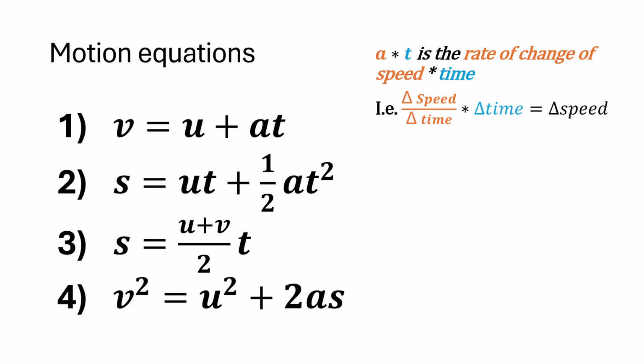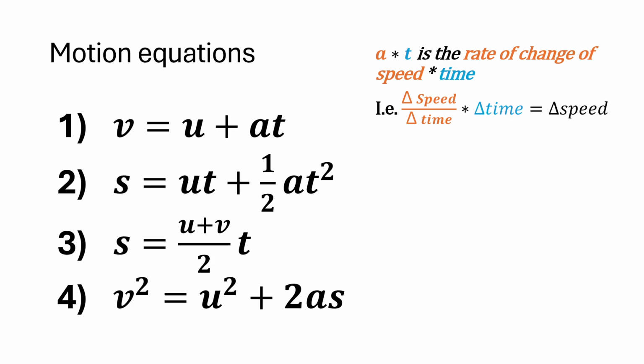And then, of course, we're talking about a change in time, elapsed time. So that gives us a change in speed. Acceleration by time is a change in speed. So it stands to reason that the final velocity of an object in motion is going to be the initial velocity plus the change in speed.